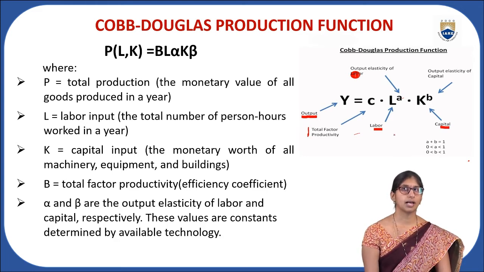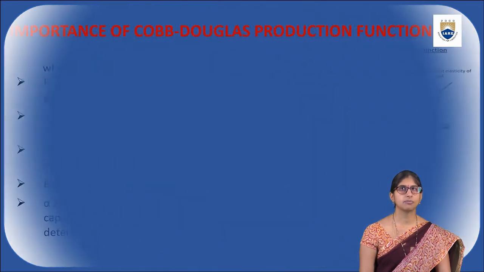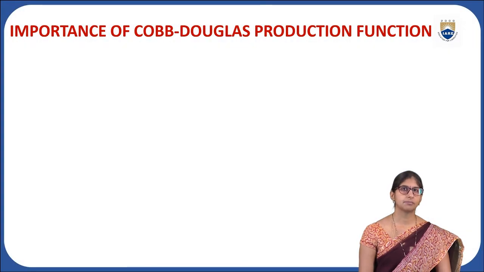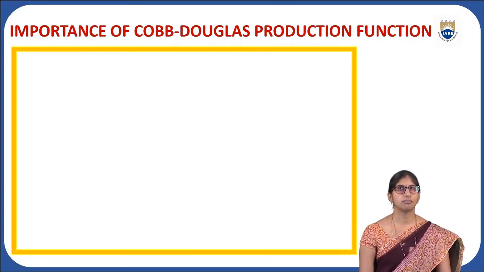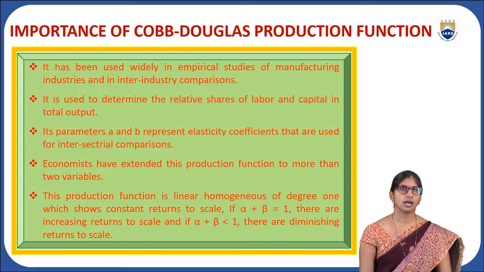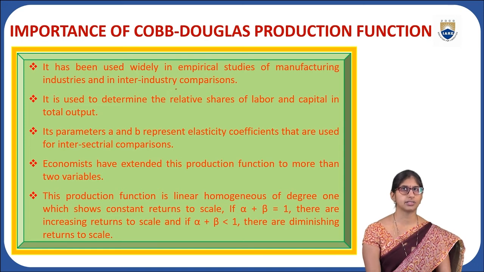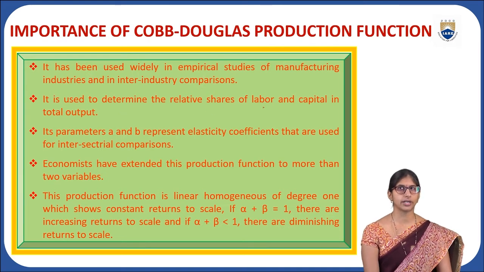It is mathematically and statistically proved, a very effective production function widely accepted by many organizations. Now let's see the importance of this Cobb Douglas production function. It is widely used in empirical studies of manufacturing industries, so we can also make inter-industry comparisons. The next one is, it is used to determine the relative shares of labor and capital in the total output.